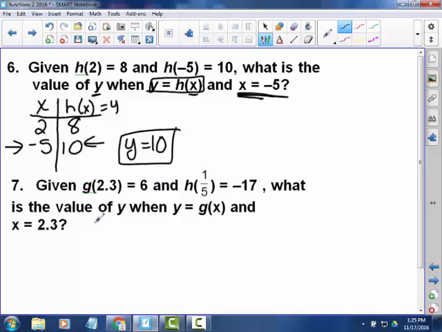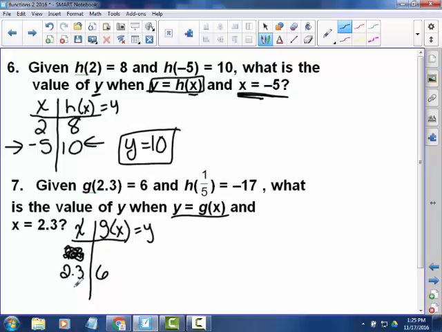Similarly for this problem, we have x as our variable, we have g of x, and they tell us right here that g of x is y. So g of 2.3 means x is 2.3. X is 2.3 and g of x is 6.